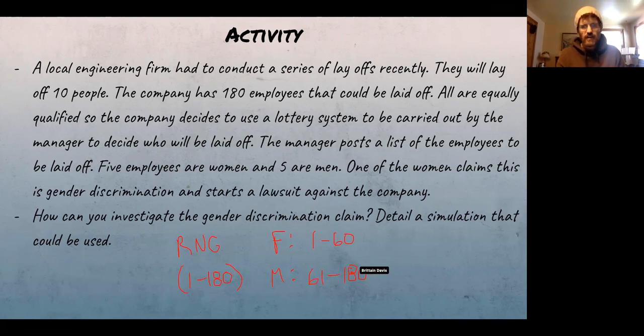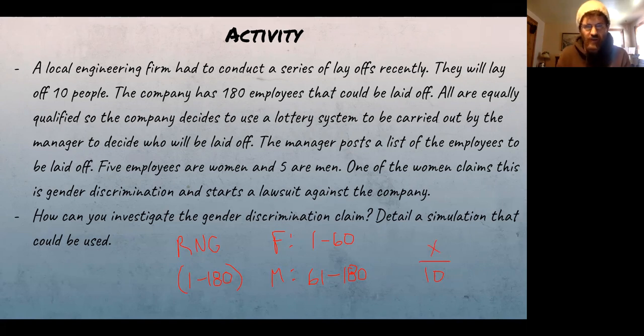Okay, if we select 10 numbers, if we run this 10 times, then we'll get some kind of proportion. So we're going to have 10 people picked, and we're going to have some number out of 10 which are female, and that would be our proportion.